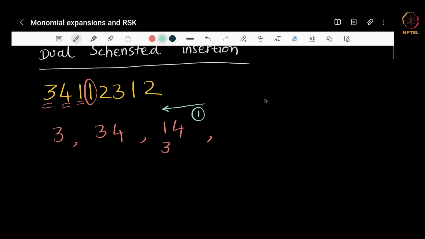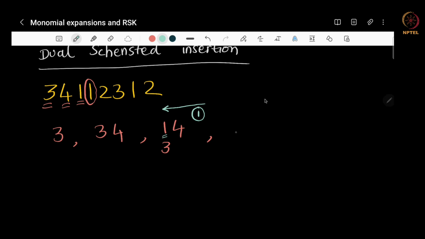This is different from the usual insertion, where you scan that row and see if you can find something greater than the number you're trying to insert. In this case, we look for anything that's either greater or equal to itself. So in this case, it finds a 1. You find the leftmost number which is greater than or equal to this 1, and you bump that guy out.